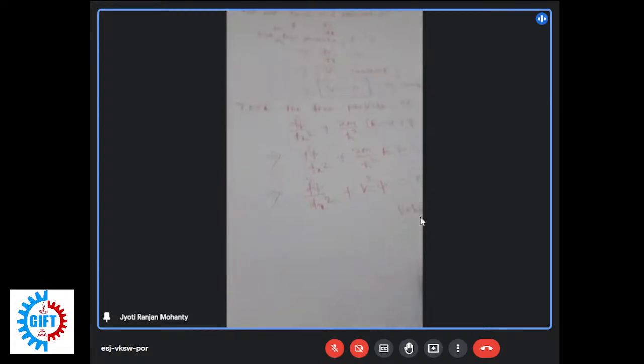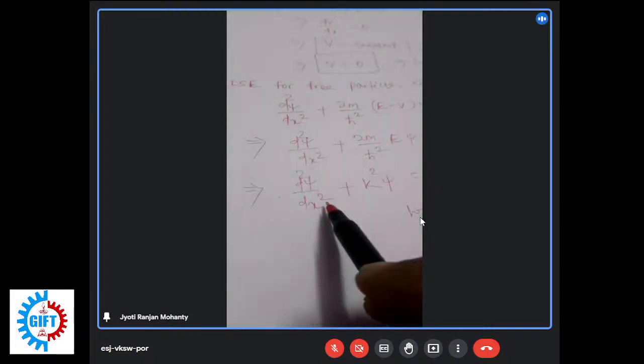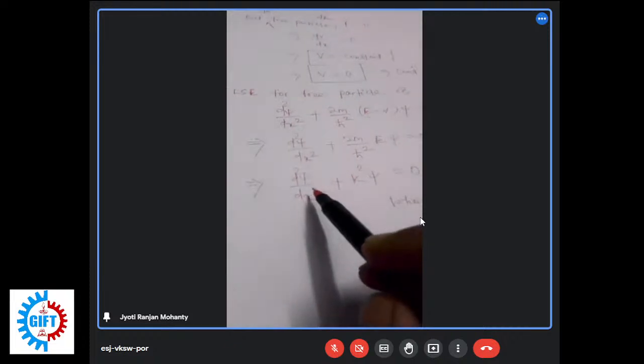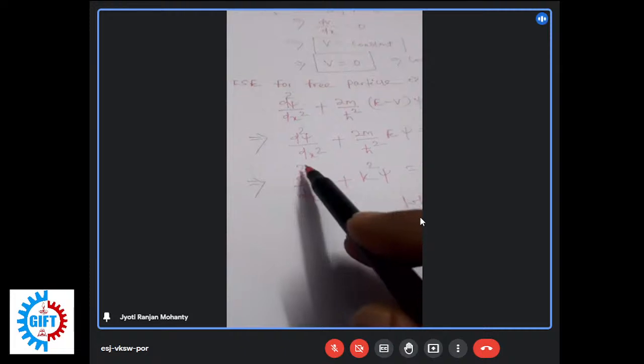Already you have read in module 1, in the case of simple harmonic oscillation and damped harmonic oscillation, what is the solution of a second order differential equation.